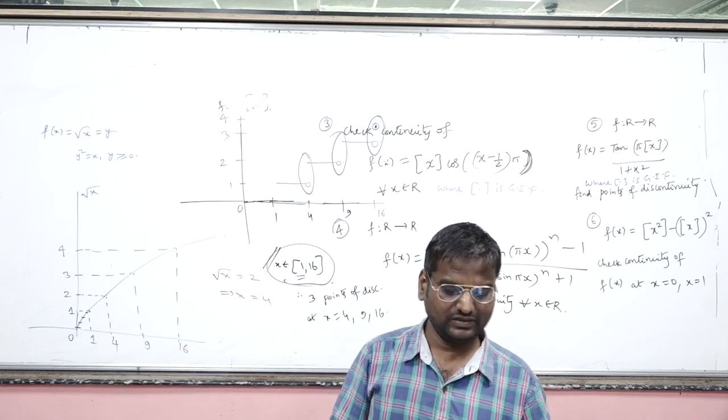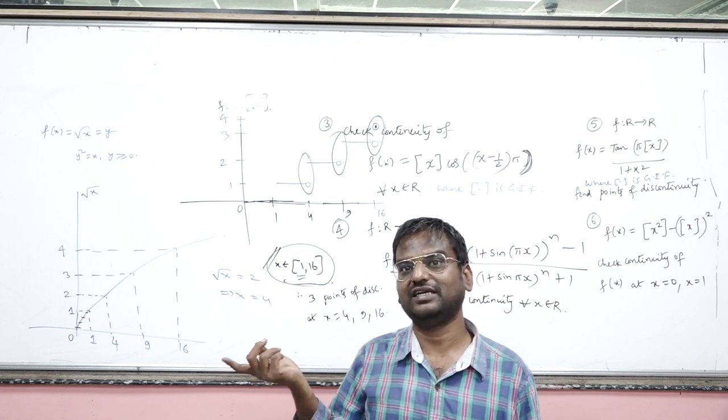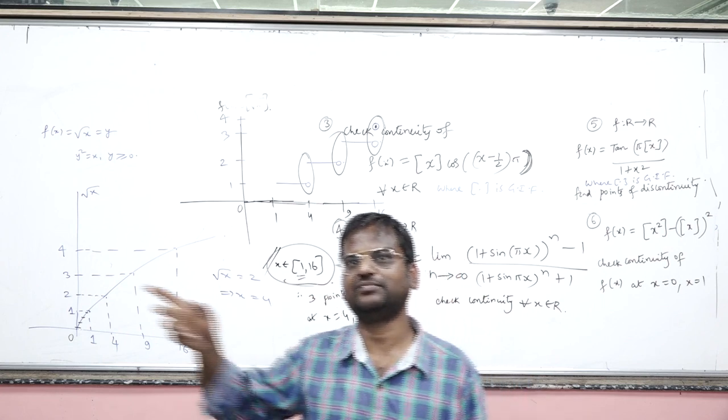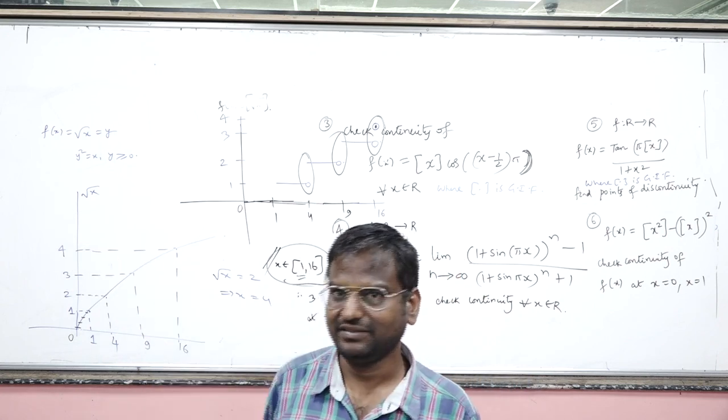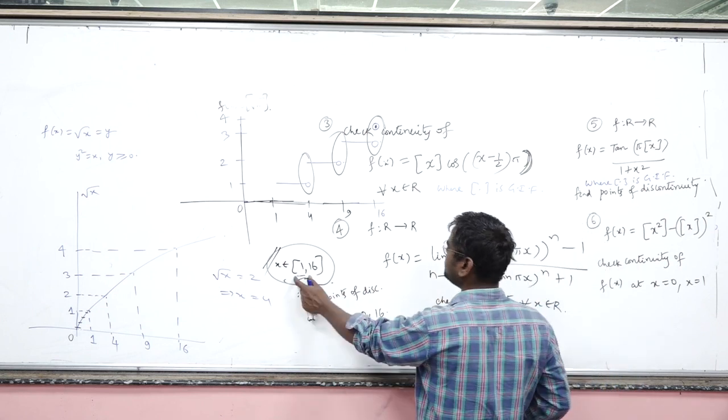Right? So if you extend from open 0 to infinity, how will its discontinuity be? 1 square, 2 square, 3 square up to n square up to infinity. Right? But here it's a limited space, closed 1 to 16.